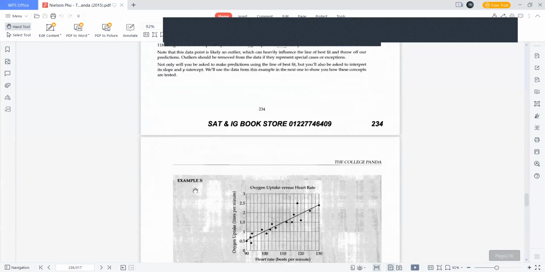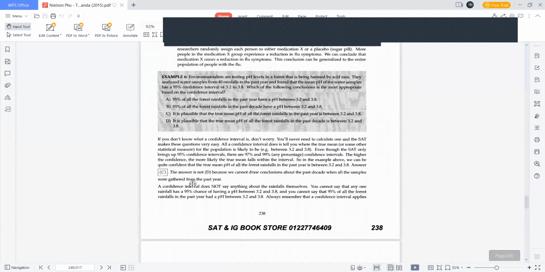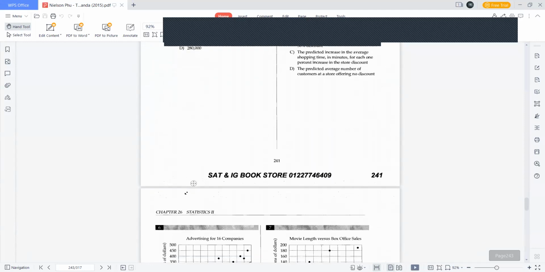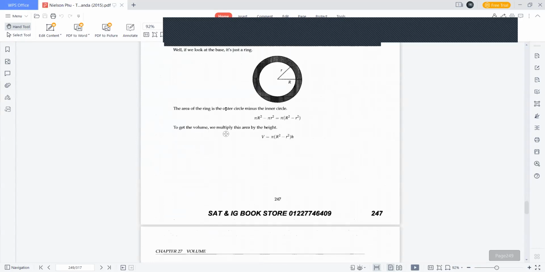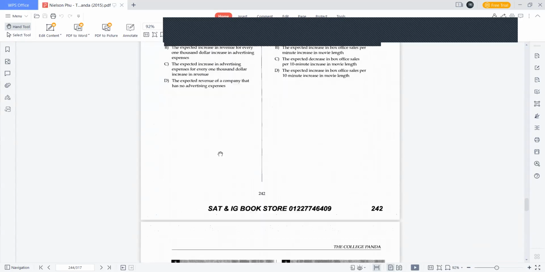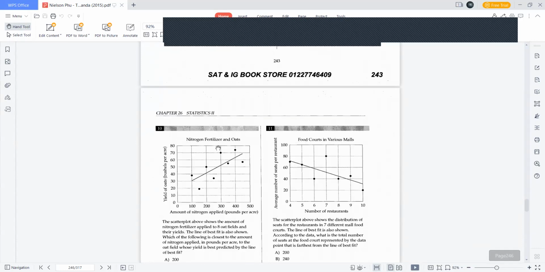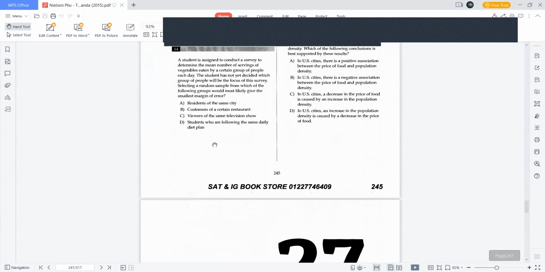They don't talk about it in this chapter, but it's a well-known formula for anyone who has done anything like this. Okay, let's see how many more questions.